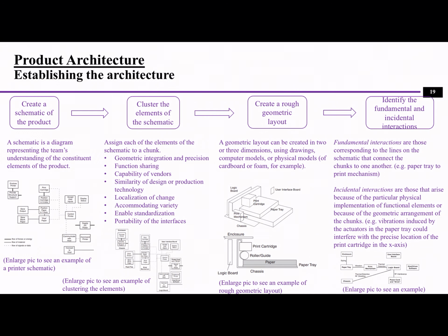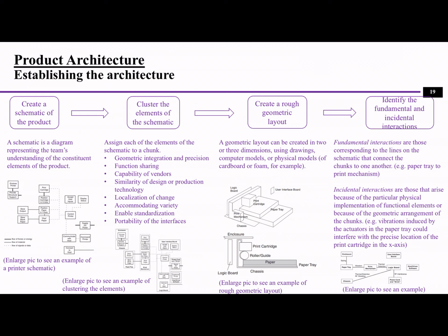Next is establishing the architecture. How do we establish the architecture? There are several steps. First, we want to create a schematic of the product. The schematic is a diagram representing the team's understanding of the constituent elements of the product.